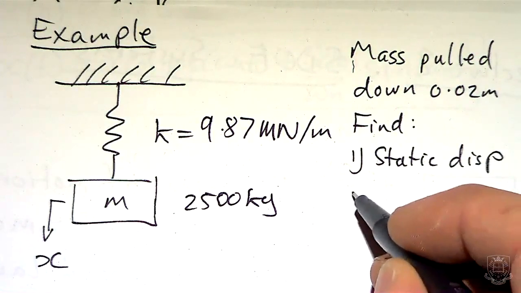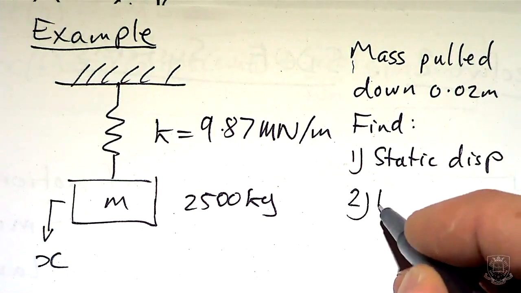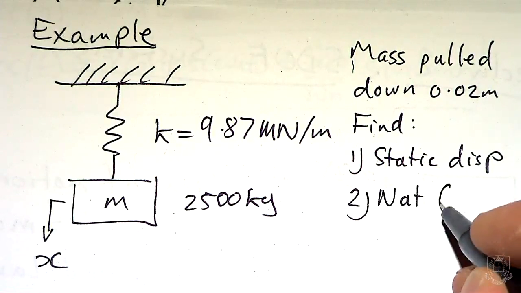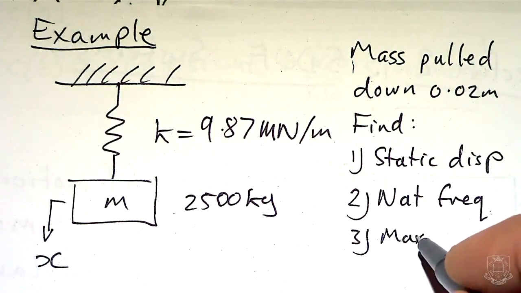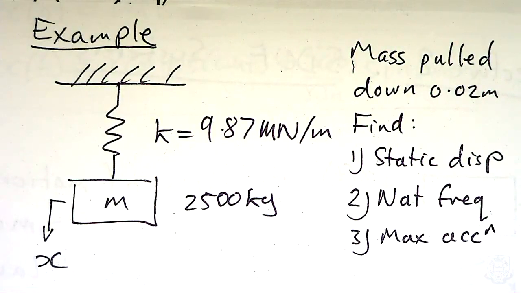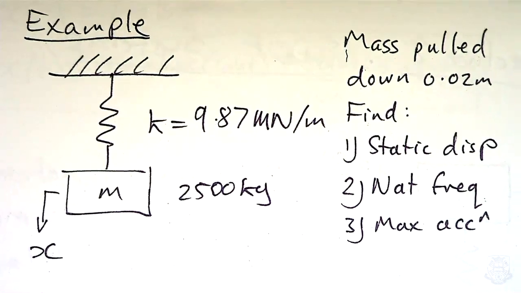It asks you to find a couple of other things, but what we'll do is the natural frequency and the maximum acceleration. This is the kind of question you might get in a tutorial sheet or possibly part of an exam. You get given some parameters, a single degree of freedom system with a mass and a spring, and you're asked to find what these different things are. So we'll have a go at that.